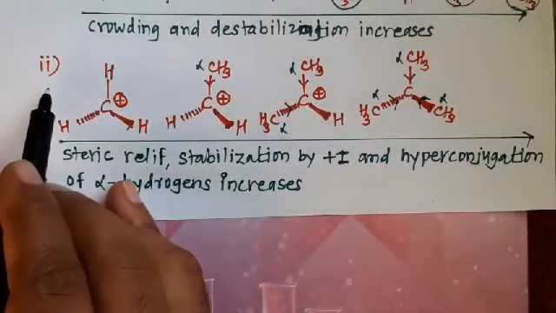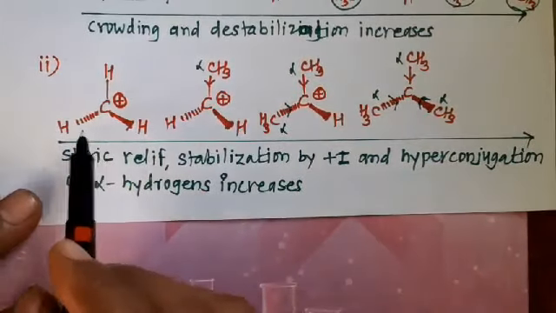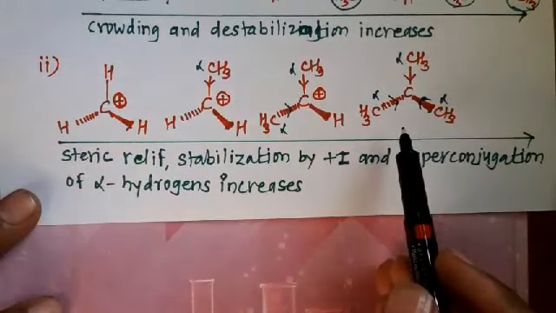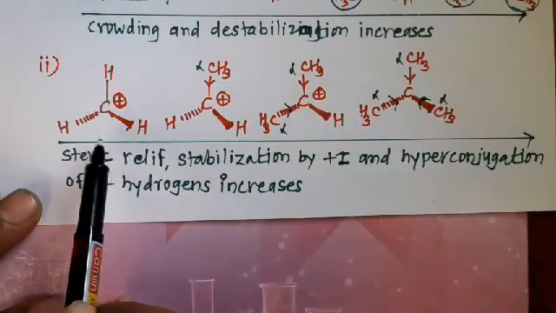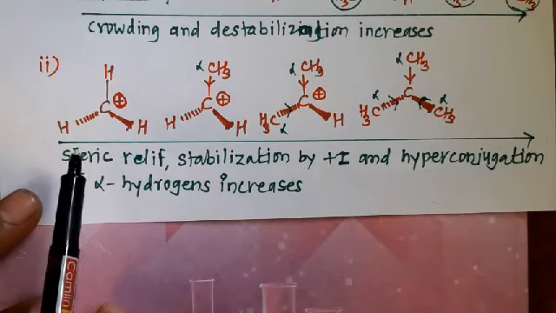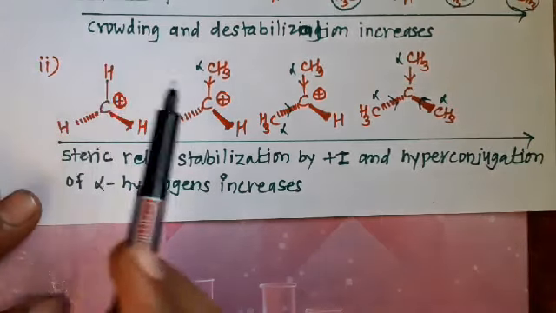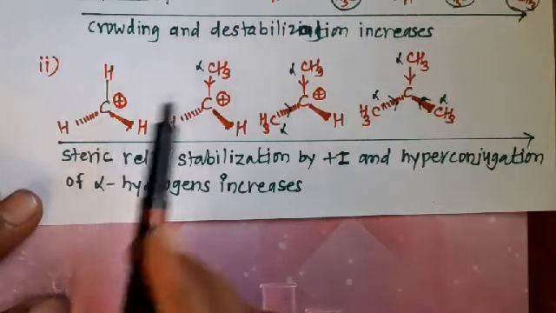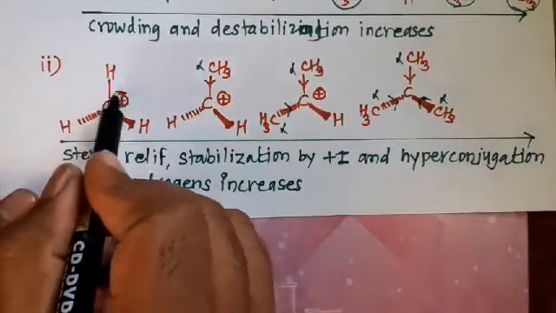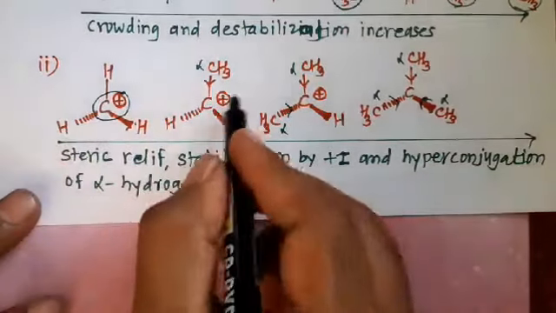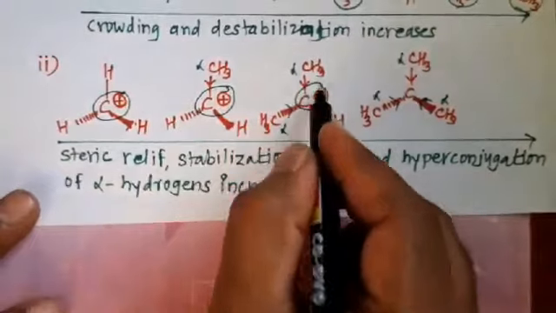In the second type, there are four structures, and they have planar carbocations. Here in the first structure there are three hydrogens attached to the carbocation.